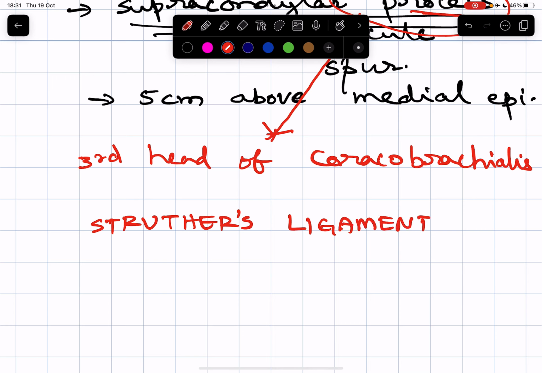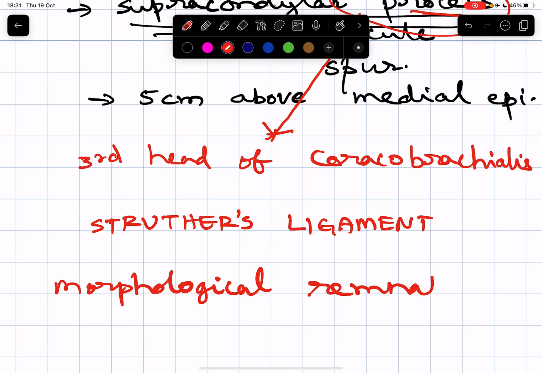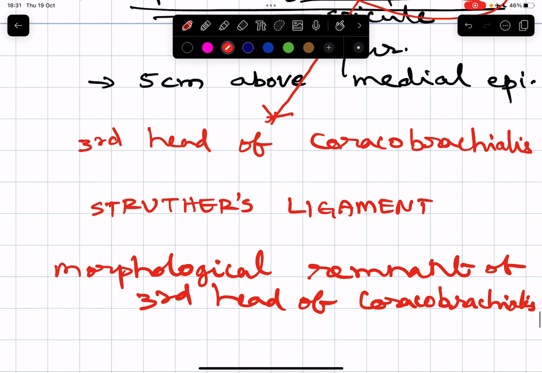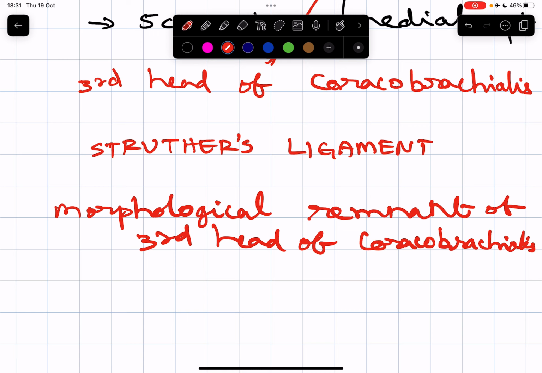It is the morphological remnant of the third head of the coracobrachialis muscle. It is not always present. When it is present, it will be attached to the supracondylar process, about 5 centimeters above the medial epicondyle on the anteromedial surface.